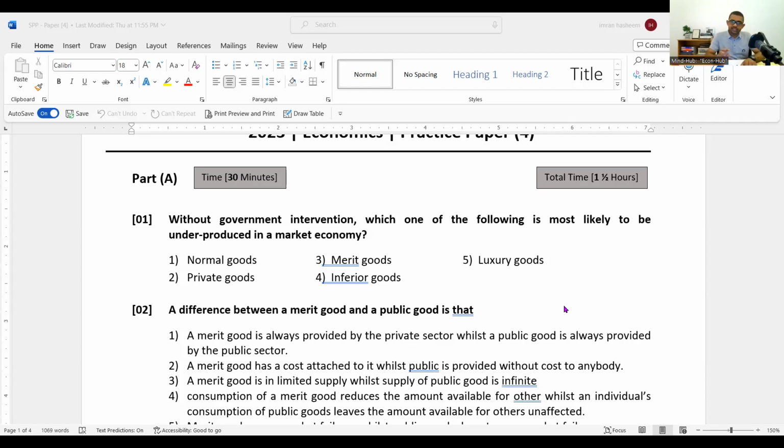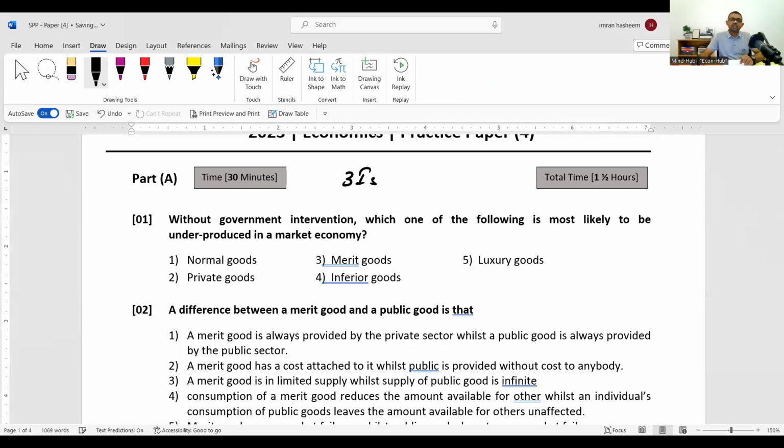We refer to this as the 3 I's approach, if you remember. We have inefficiencies in resource allocation, which is where this question focuses. In addition, we have instability of the macroeconomy and inequalities in income and wealth distribution.